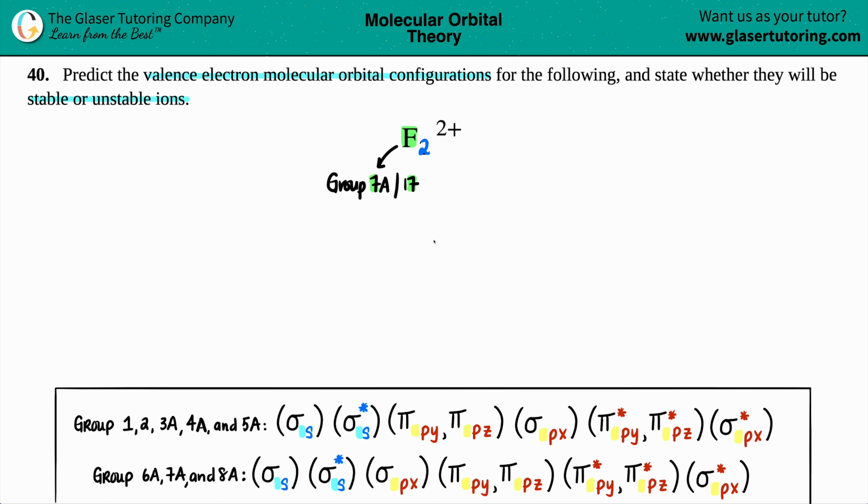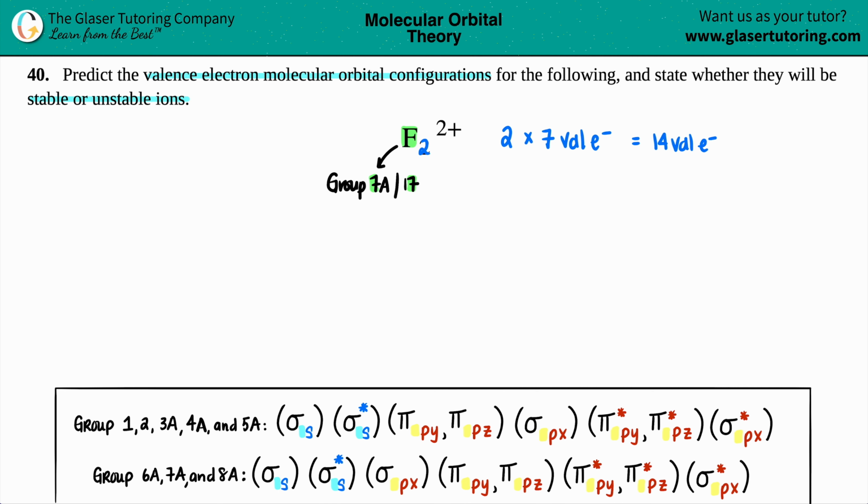So double the valence electrons. If I have 2 fluorines, I will multiply the 7 valence electrons by 2. I'm just going to put valence electrons as val e minus, where e minus stands for electrons. So 2 times 7 is 14 valence electrons.